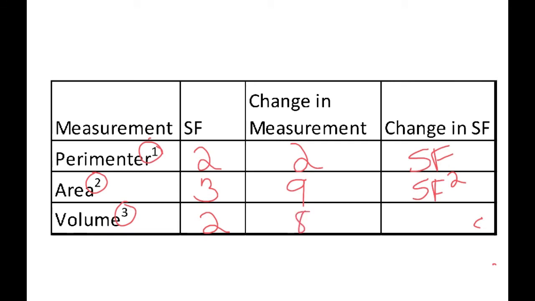My units of measure for volume are always cubed. 2 to the third power gives me that change in measurement between volumes of 8. So if I'm given a scale factor and I want to apply it to the volume of a figure, I would take the scale factor, cube it, and multiply the original volume times the scale factor cubed, and it will give me my new volume.